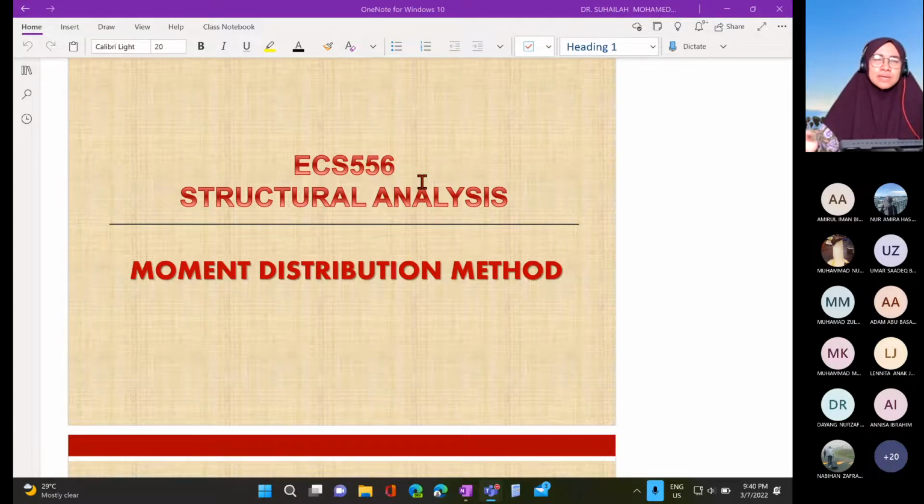Some of those concepts are already explained under slope deflection method. So to understand more, you need to read the theory related to the moment distribution method too. These two topics are different, but analyze the same output, and the main output for the moment distribution method is the member end moment.